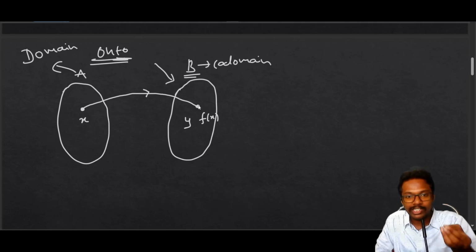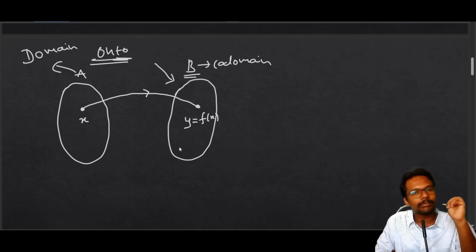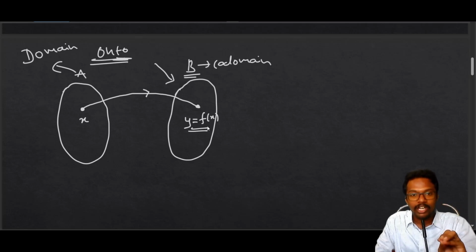Now I have considered that same point as y, so both are the same. Y indicates the elements which are in B, and x indicates the elements which are in A. For x the image is named f of x, and that same f of x we name as y here. So y equals f of x.